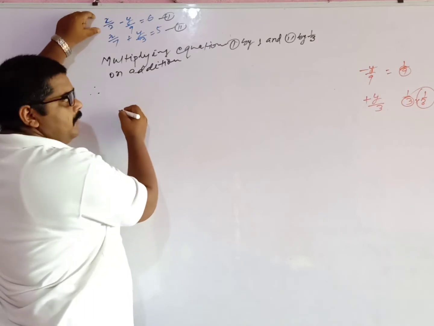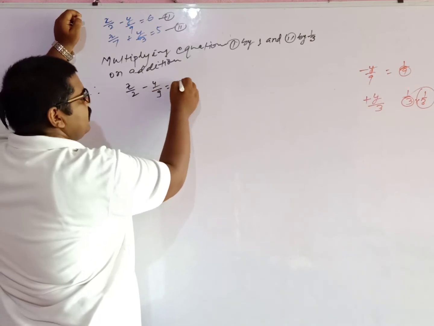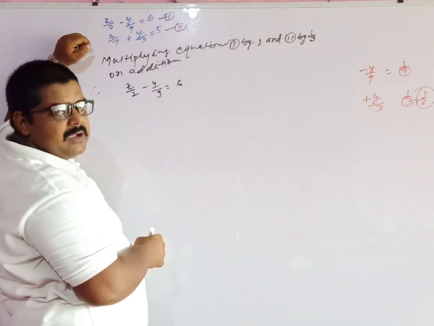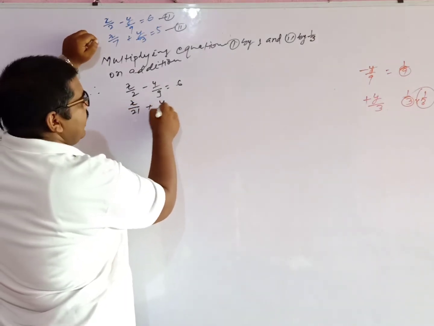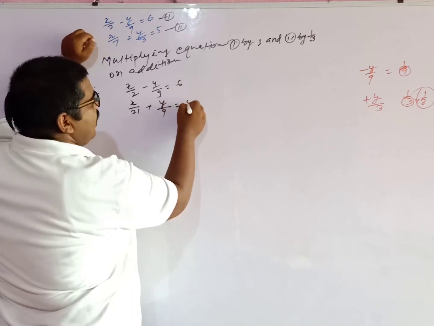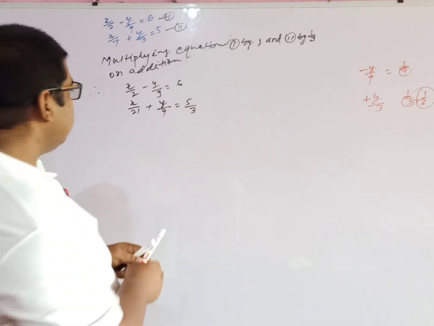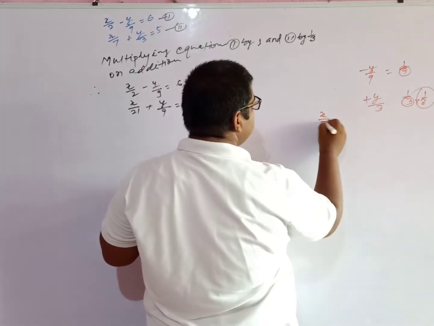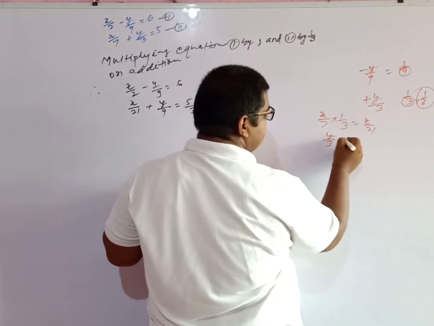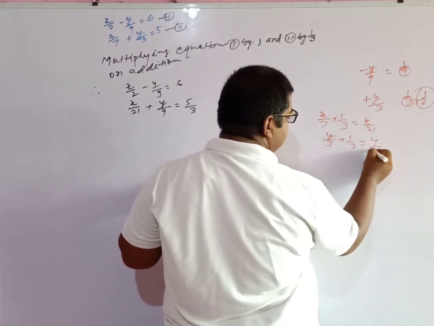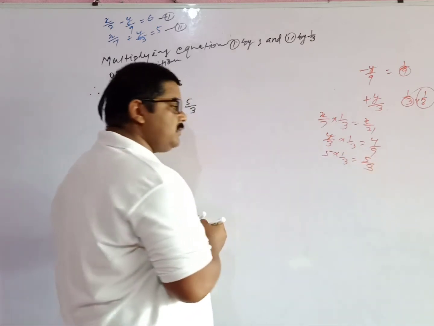The first equation stays the same: x/2 - y/9 = 6. The second equation multiplied by 1/3 gives x/21 + y/9 = 5/3, because each term is multiplied by 1/3: x/7 times 1/3 is x/21, y/3 times 1/3 is y/9, and 5 times 1/3 is 5/3.